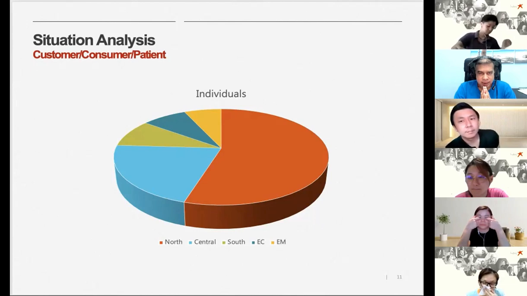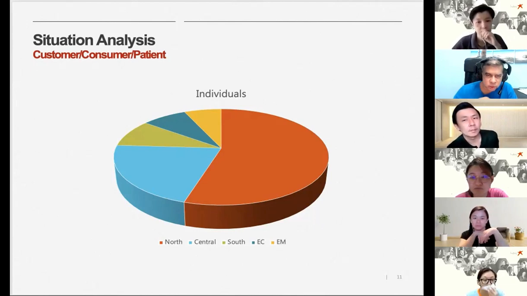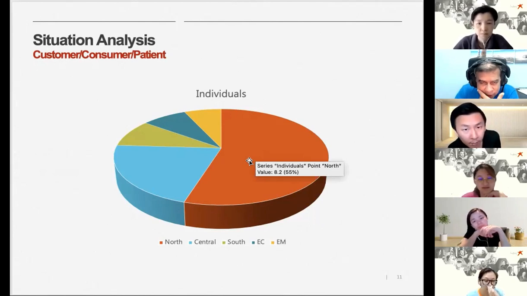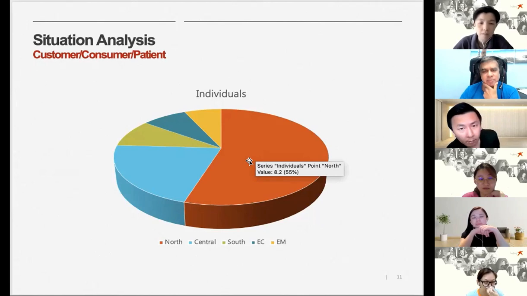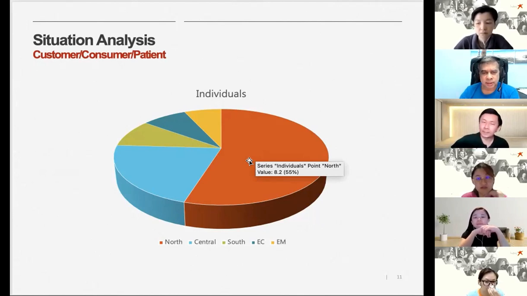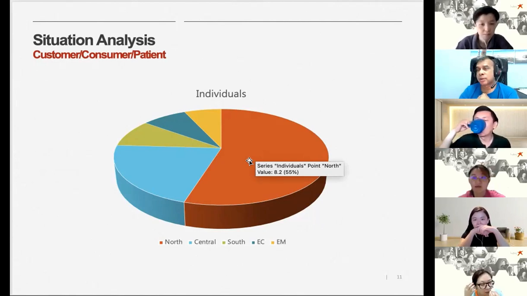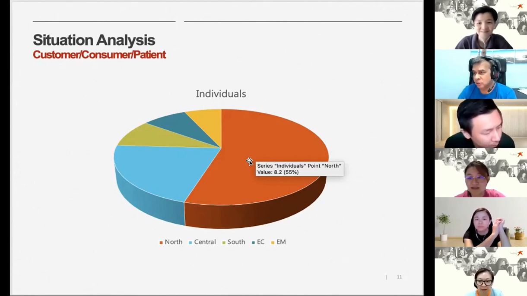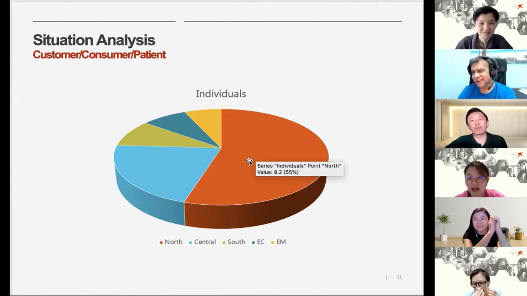Right. All right. And so you are saying, okay, there are some numbers here. When I put the cursor over it, it shows that 55% of patients, these people come from the northern side. North. Wow, this must be fantastic, huh? I'm sure none of your graphs will ever show that the bulk of your numbers are coming from the north.